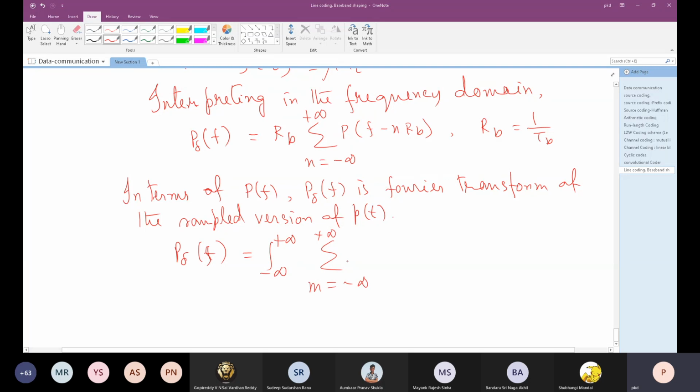Again, p(t) is a summation of the contributions coming from mTB and all other waveforms, all other samples. Then we have the exponential of minus j 2 pi f t, dt.